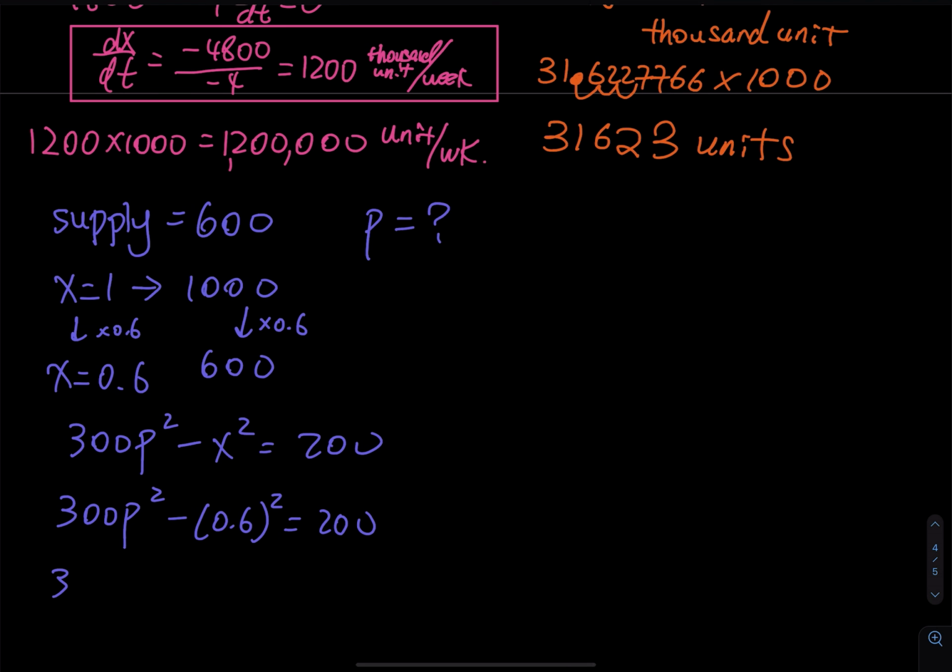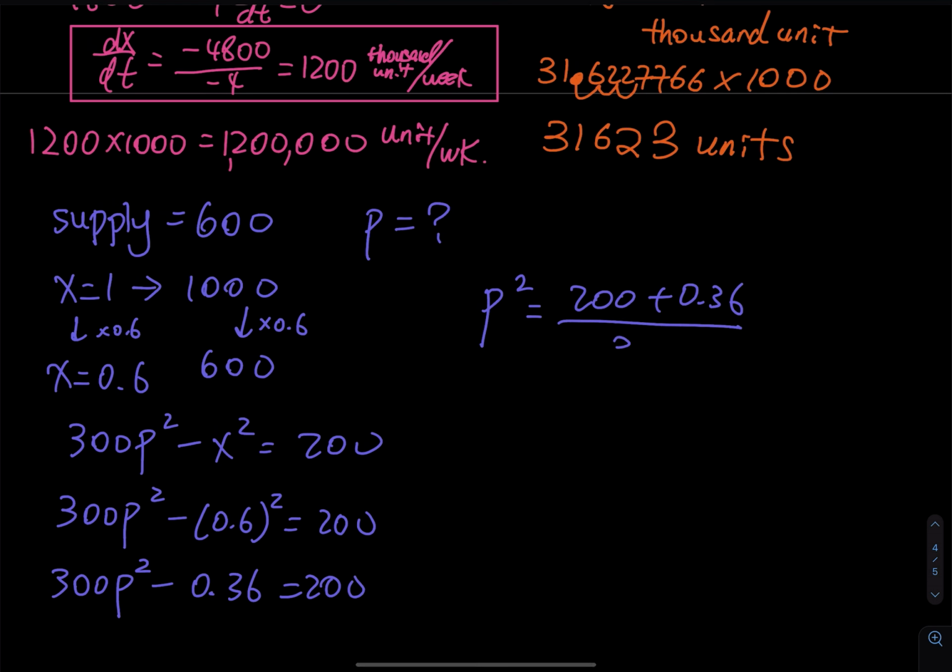And then that is 300p squared minus 0.36 equals 200, and then for p squared you take the 200, you add the 0.36, and then at the end of the day you have to divide it by 300.